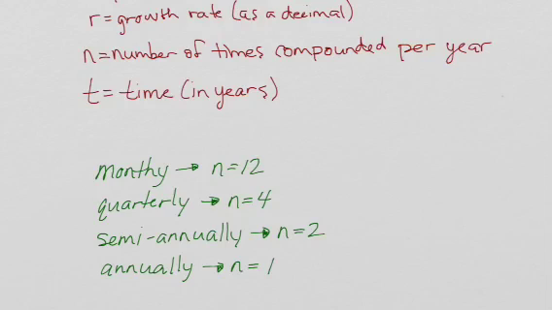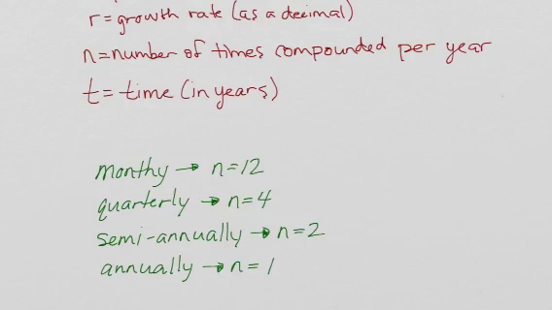Quarterly is another one. We don't use it very often, but quarterly is just like it sounds, 4 quarters in a dollar. Quarterly means you break the year up into 4 parts. So you'd be compounding every 3 months, 4 times per year. It's not about the 3 months, it's more about the number of times per year, 4. Then semi-annually, that'd be every 6 months, so twice a year. And then annually, that'd be 1 time per year.